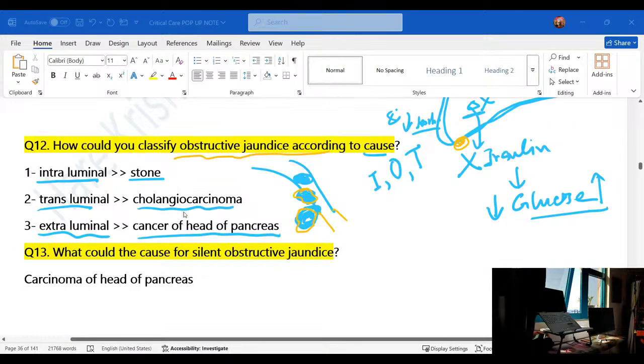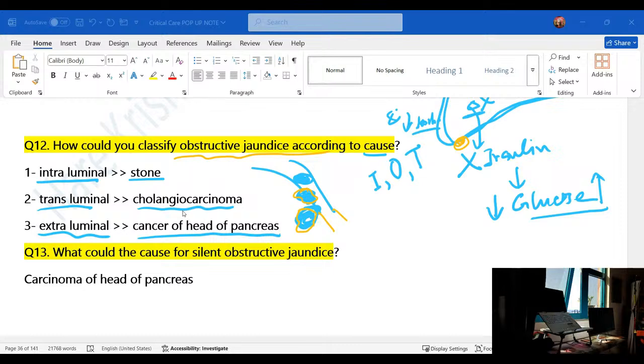How would you classify obstructive jaundice according to the cause? Intraluminal, transluminal, and extraluminal.